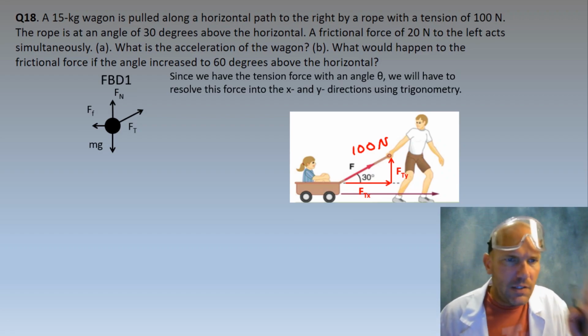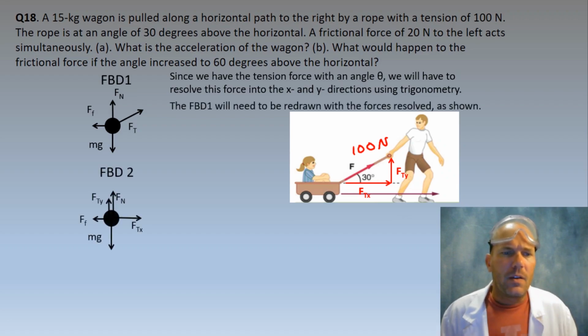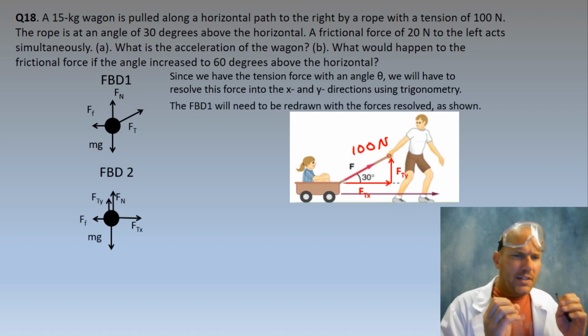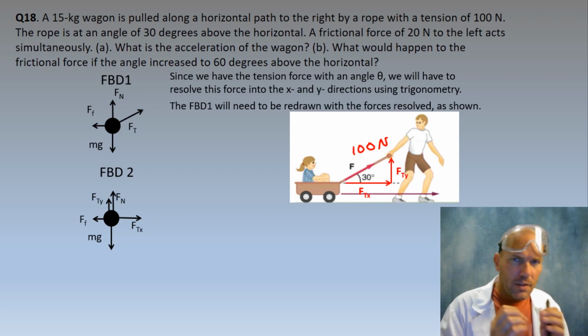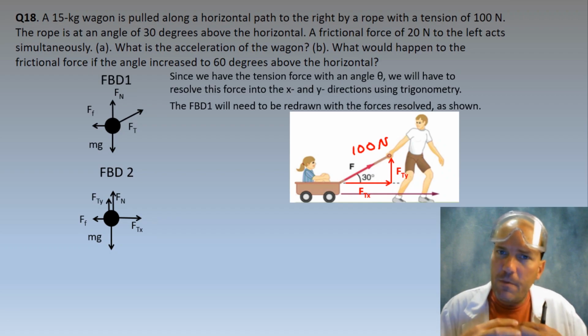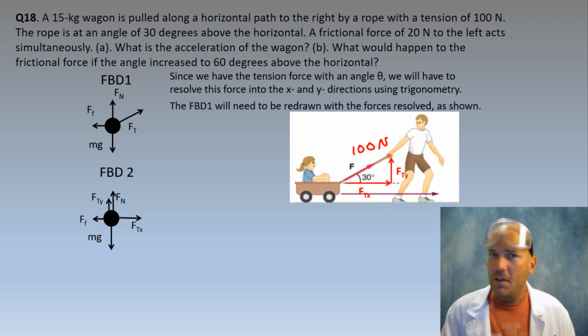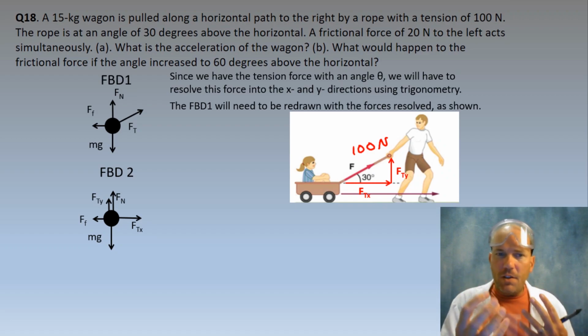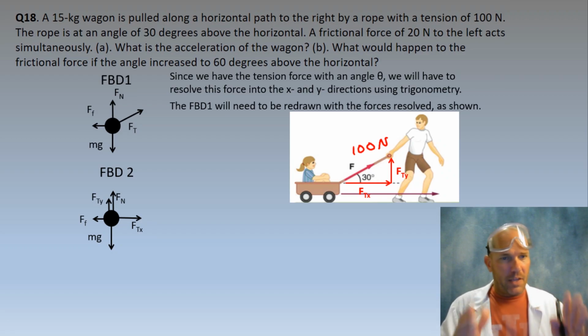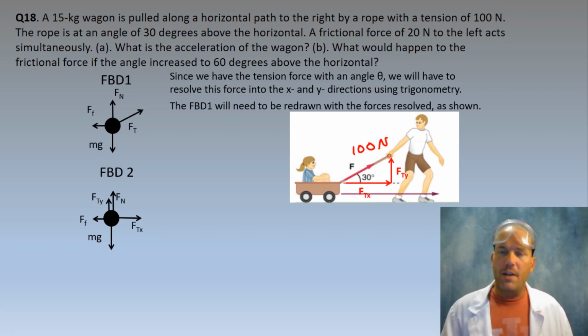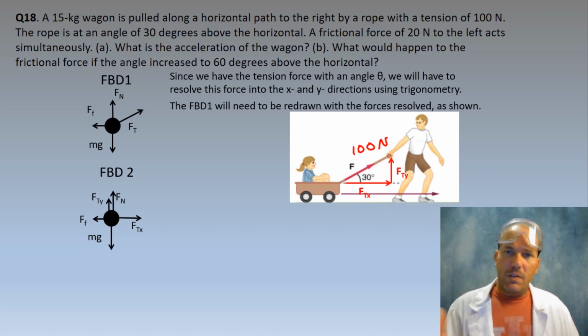Okay, so let's see if we can get an answer here. All right. First, we're going to need to redraw the free body diagram once we've resolved the components. Remember, if you're going to draw your free body diagram with unresolved components, that's fine, as I've done in free body diagram 1. But you need to resolve that.